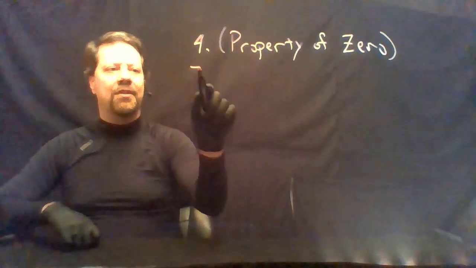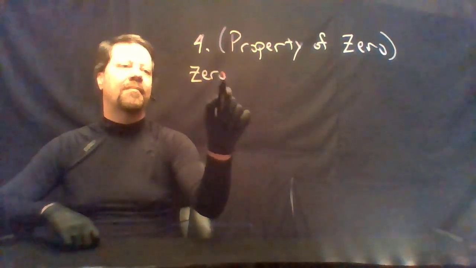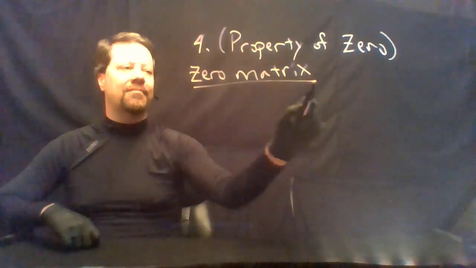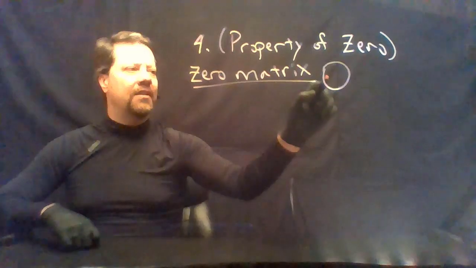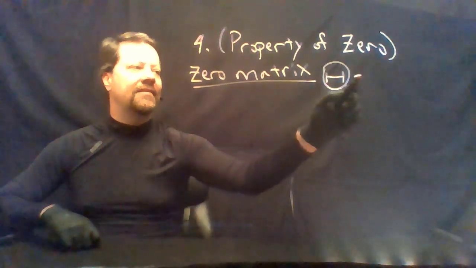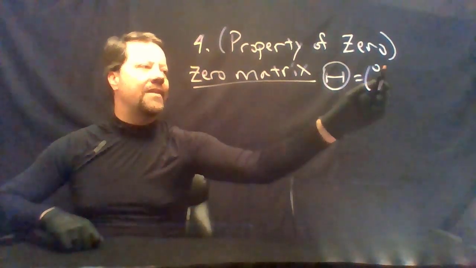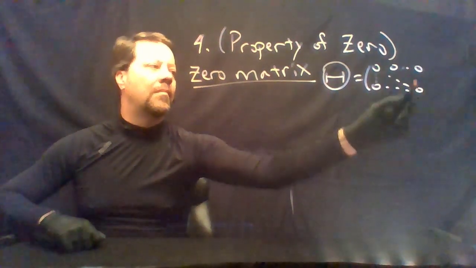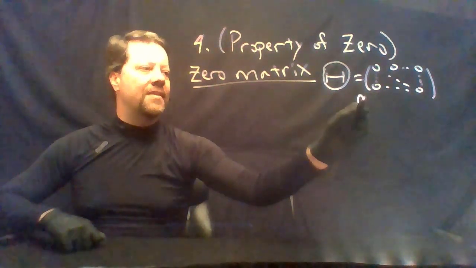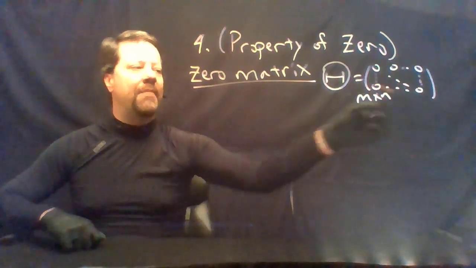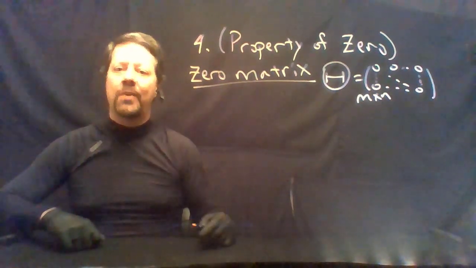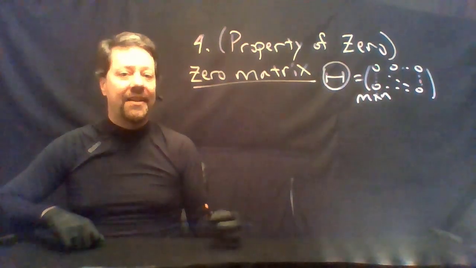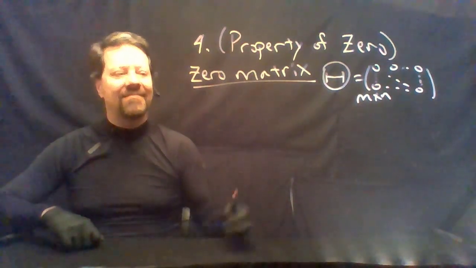There is something called the zero matrix. We'll denote it by a capital theta, and it will have all entries equal to 0. If this is m by n, it will have m rows and n columns where every single entry in every row and every column is the zero scalar.